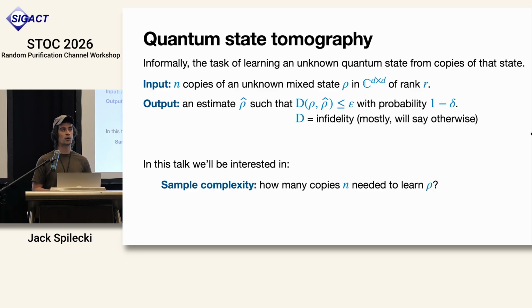And we're interested in how that sample complexity scales with the parameters, like the rank r, the dimension d, and your error epsilon and failure probability delta. And we're interested specifically in algorithms which minimize the sample complexity across all algorithms. These are the algorithms that use the fewest number of copies. And we'll call those sample optimal algorithms.